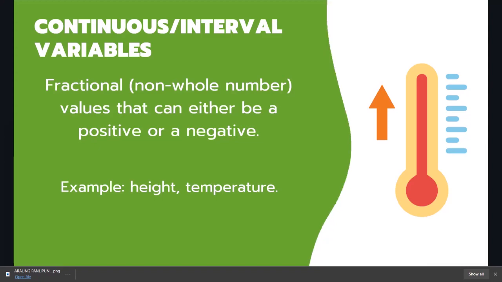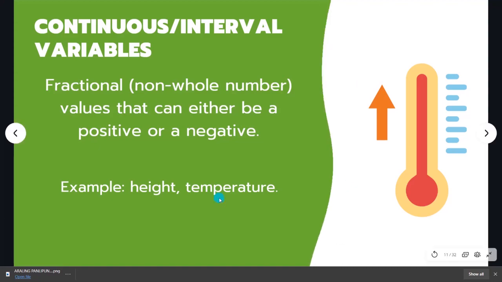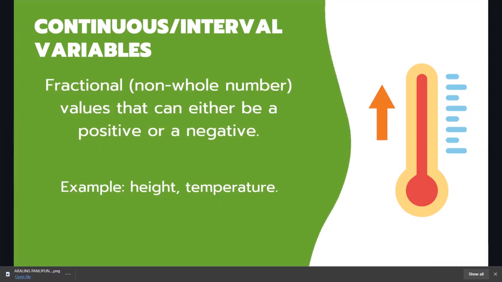Another example, yung age. In age between 13 and 14, we also consider that there are people who are 13 and a half or 13 and 3/4. Another example is the weight, the height, the temperature. Please notice that continuous or interval variables recognize the values between whole numbers.